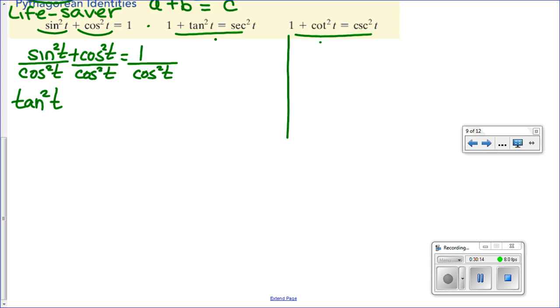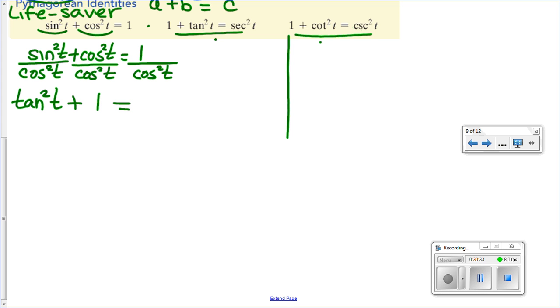Very good. Now, Sydney, what is cosine square of t divided by cosine square of t? 1. And Annette, by the reciprocal identities, what is 1 over cosine square of t?